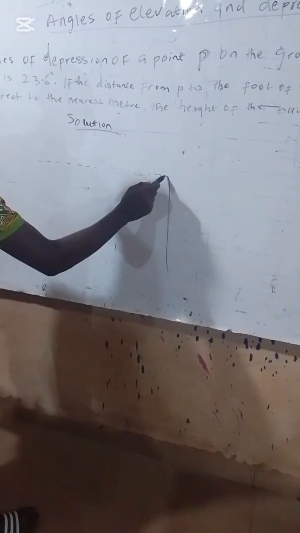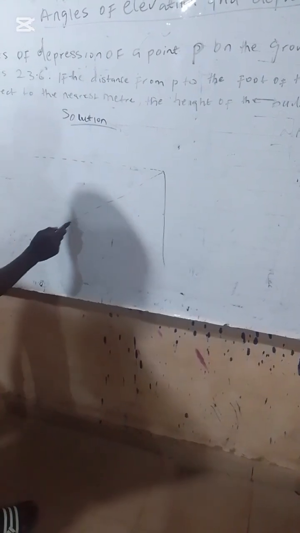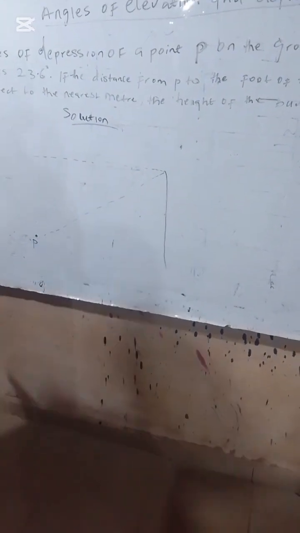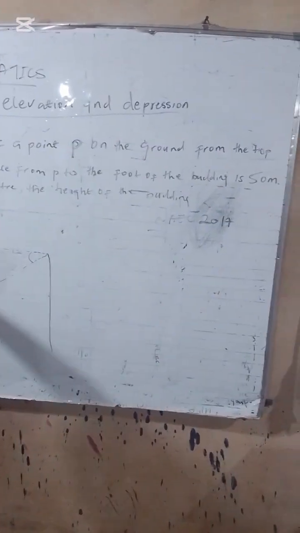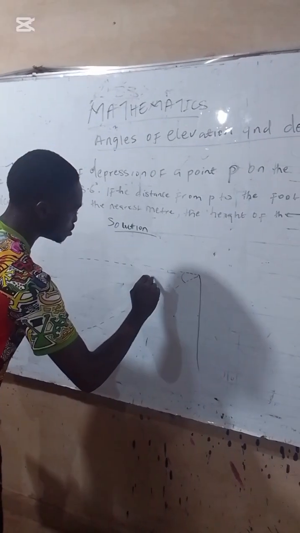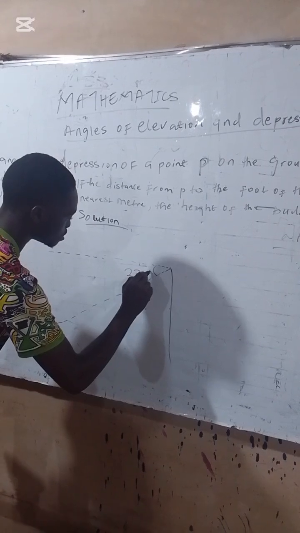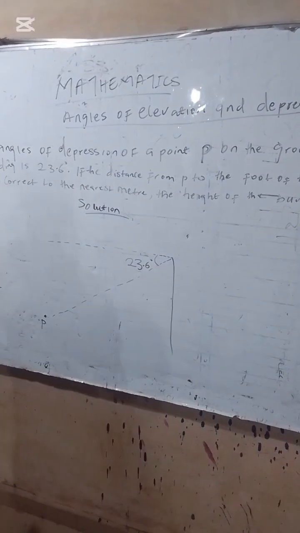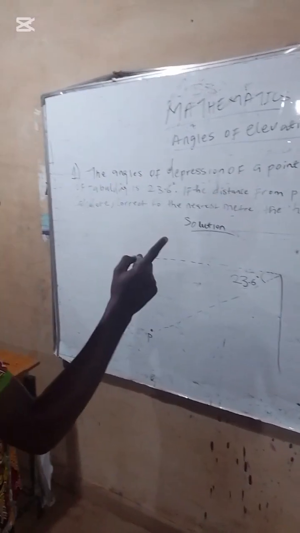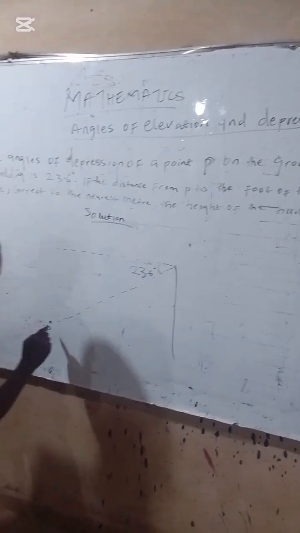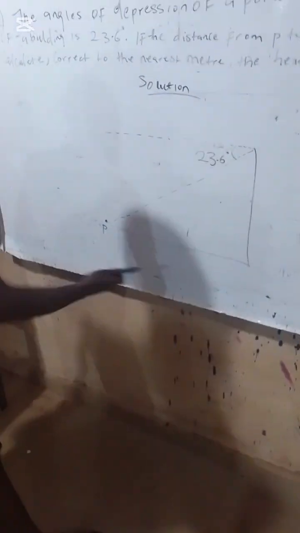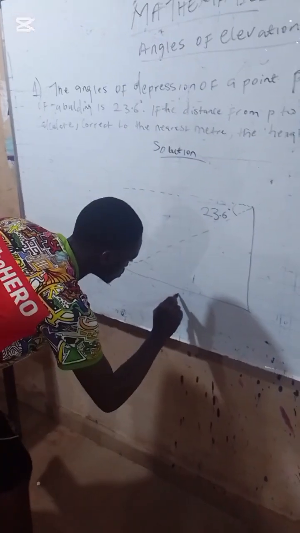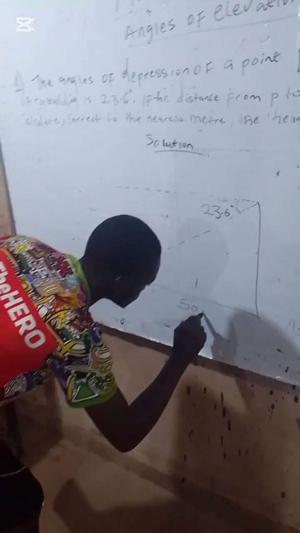So the angle of depression to the point P, here is our angle from the top of the building, that is 23.6 degrees. If the distance from P to the foot of the building is 50 meters, because it's on the same ground, you understand? The distance is 50 meters.